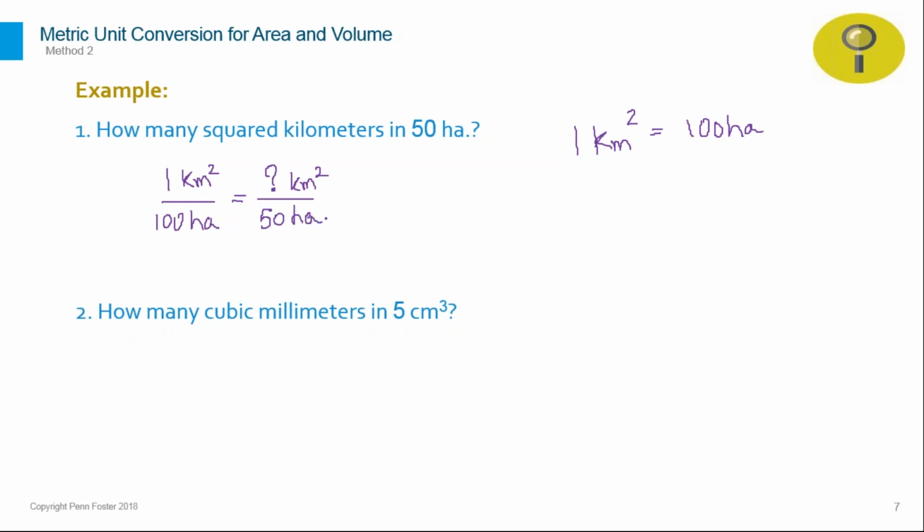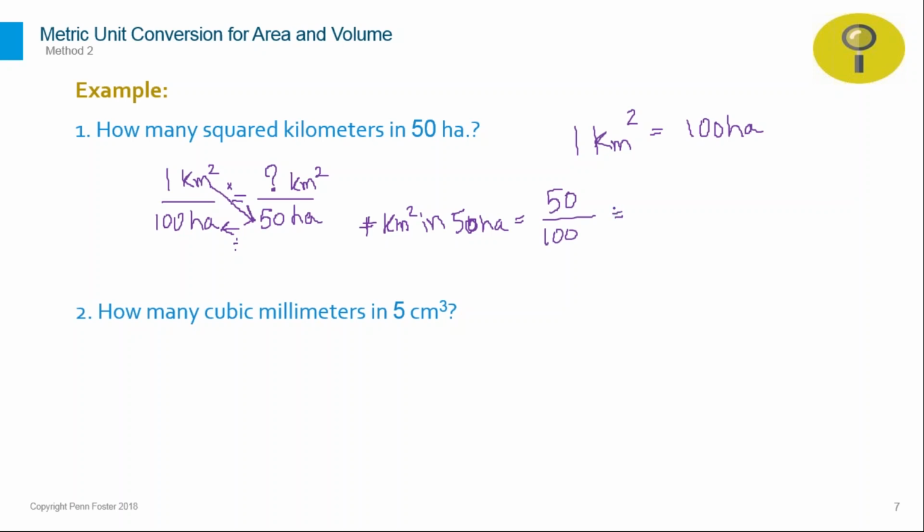And we talked about how to solve the proportion. Remember, we cross multiply the two known values and divide over the remaining value. So the number of kilometers squared in 50 hectares, that's a 0, would be multiply, divide. 1 times 50 is 50, so the same as saying 50 over 100.